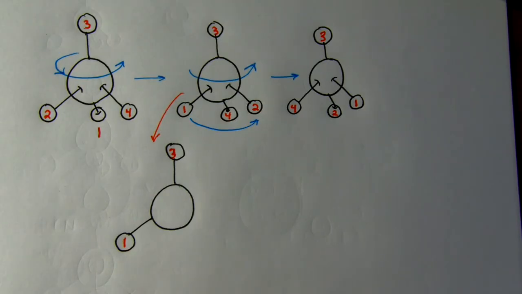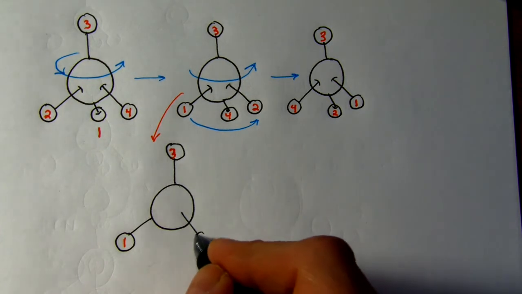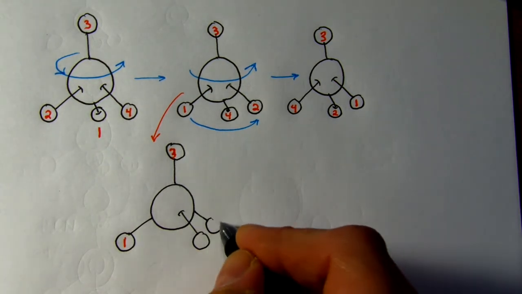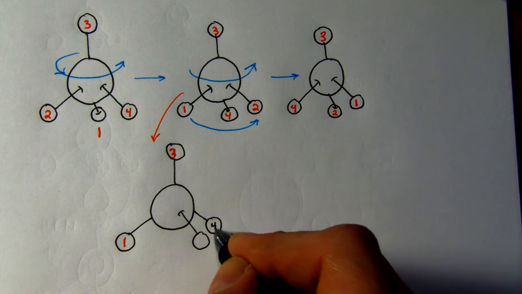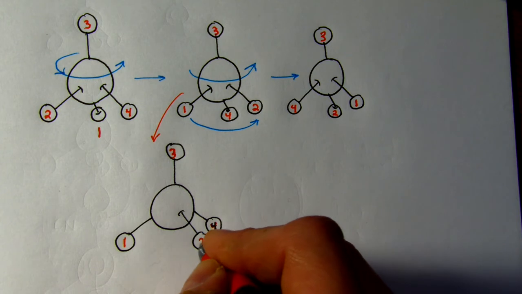Okay, so 1 and 3 are in the same plane. Where does that put 2 and 4? Well, that's pretty easy to see. 2 would come out at you, and it was up here, but now we've just kind of rotated a little bit. So there's 2, and then we'll put 4 out there. Okay, there's 4, and then there's 2.